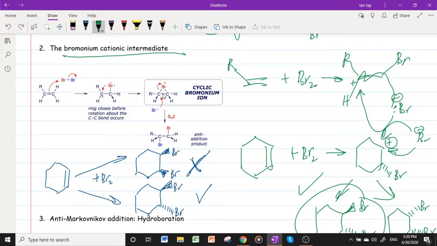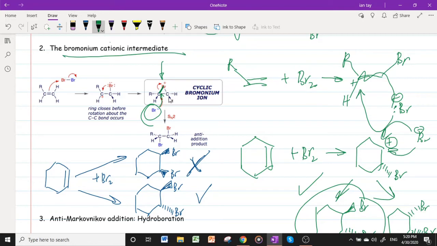The reason for this is that the bromide ion can only attack from the other side of the C-Br bond. You can think of it as attacking this side will be repelled by the large electron cloud of the bromine atom in the bromonium cation.